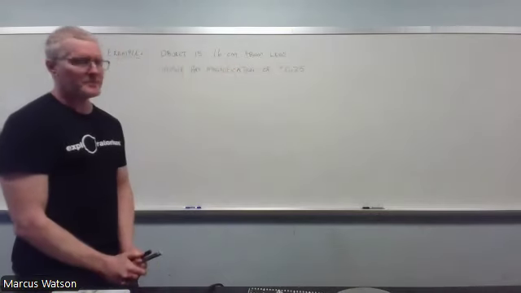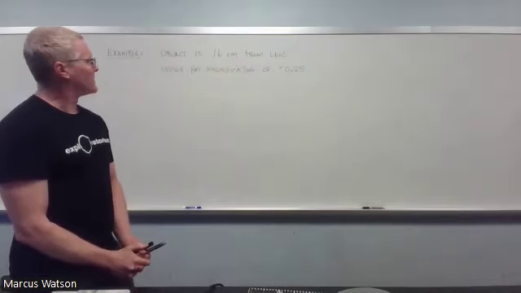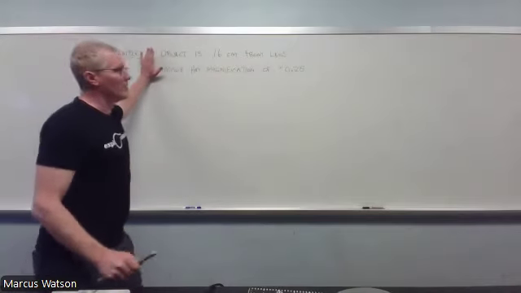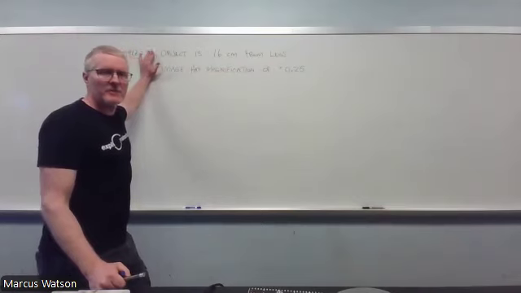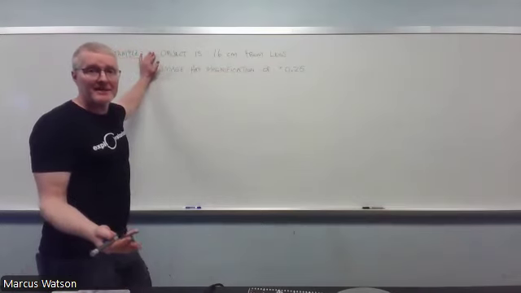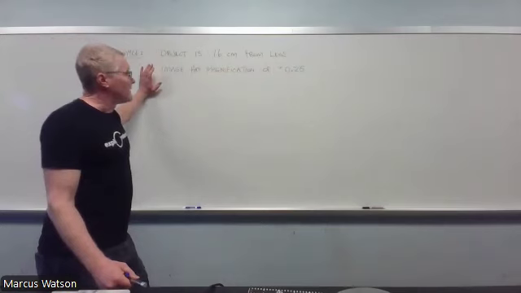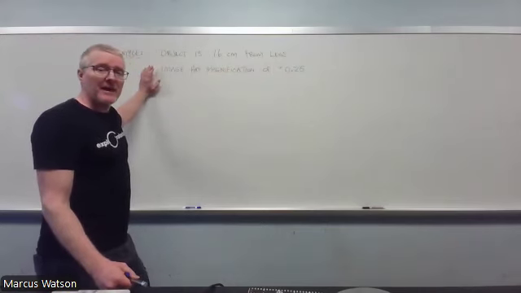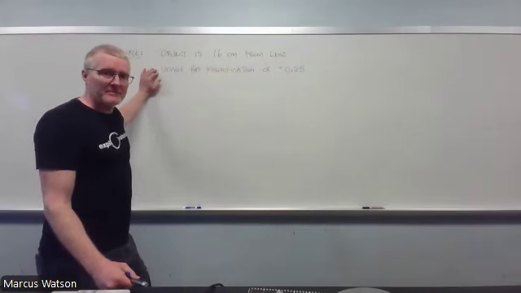Okay. So the object is 16 centimeters away from this lens. We don't know what kind of lens this is. The image is magnified at positive 0.25.